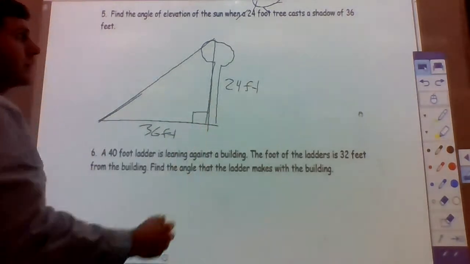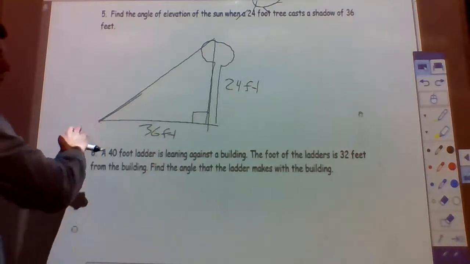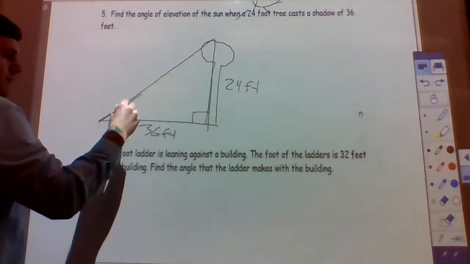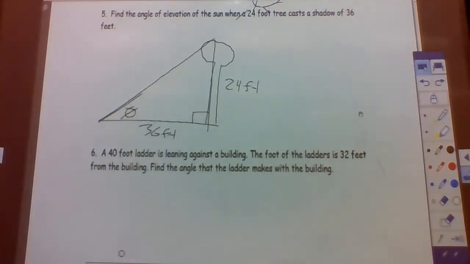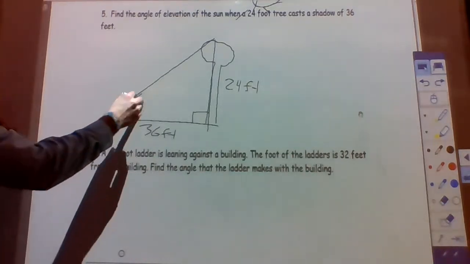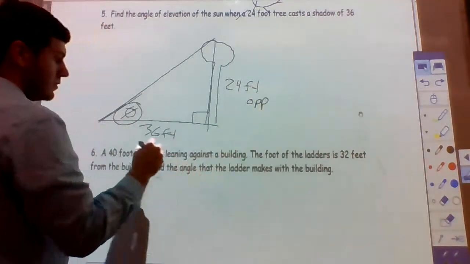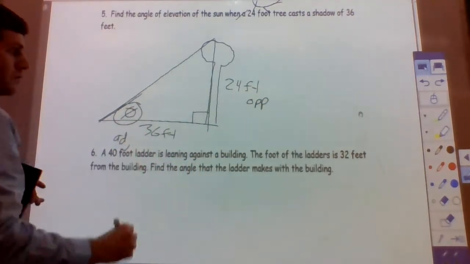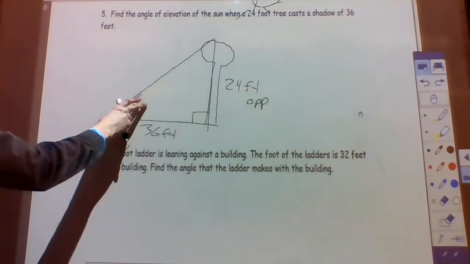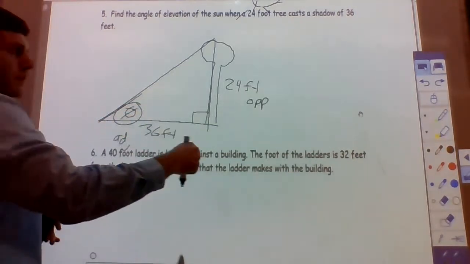The tree shadow is on the ground. Okay, we want to find the angle of elevation. So again, angle of elevation is one going up. Okay, so we'll call that theta. Across from theta is opposite. Next to theta is adjacent. So we're going to use tangent. We want to use the inverse tangent function because we're finding an angle measure.